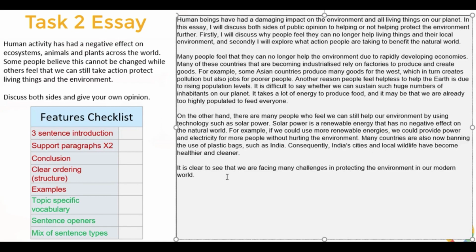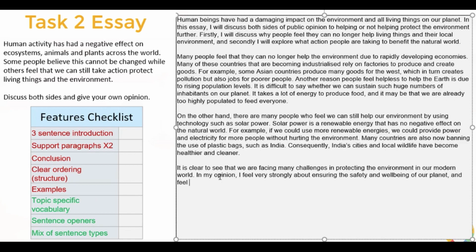And now I want to give my opinion, which is in support of this. In my opinion, and you can always begin your opinion sentence like this. In my opinion, comma, I feel very strongly about ensuring the safety and well-being of our planet.